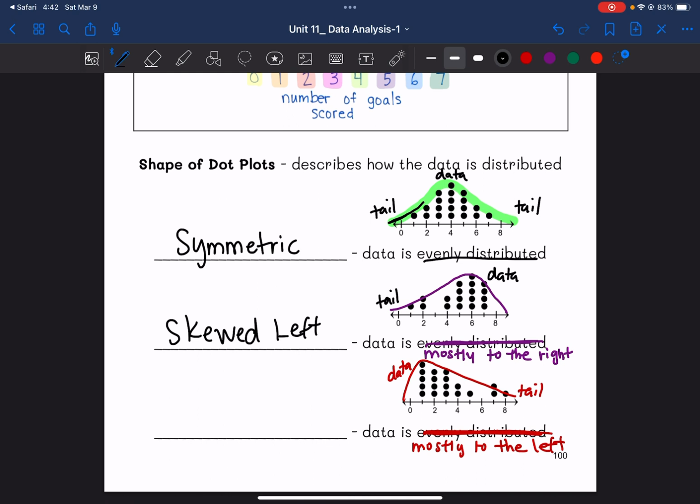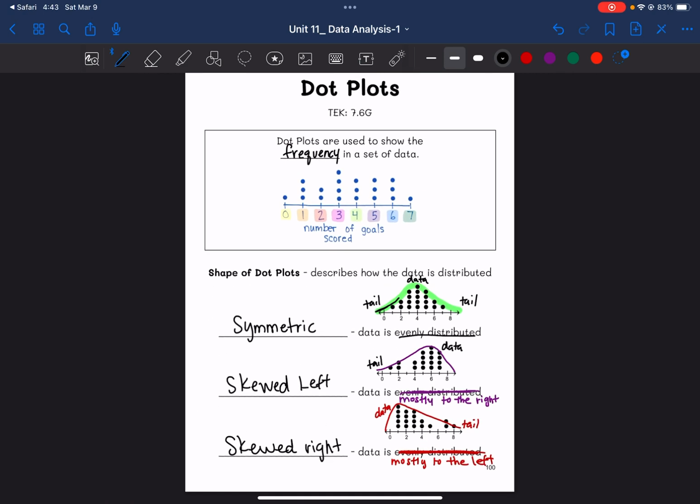With that being said, what this means is that this is skewed right. Okay, data is mostly to the left, tail is to the right, so it is skewed right. Okay, pause if you need to get that down, and then I'm going to go ahead and go to the next page.